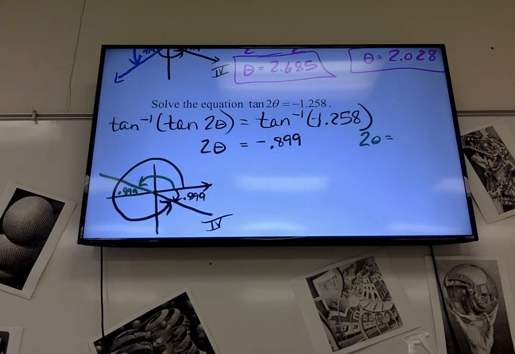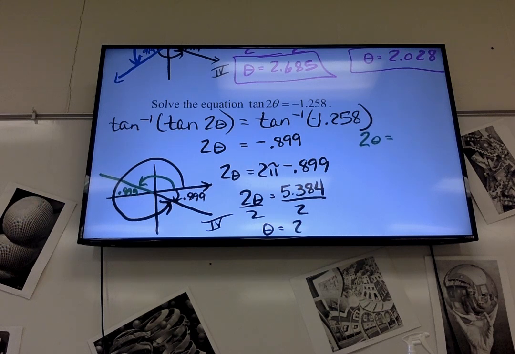How do I find it? 2 pi minus 0.899. I got 5.384. Since it's already in the calculator, divide by 2 and you get 2.692.